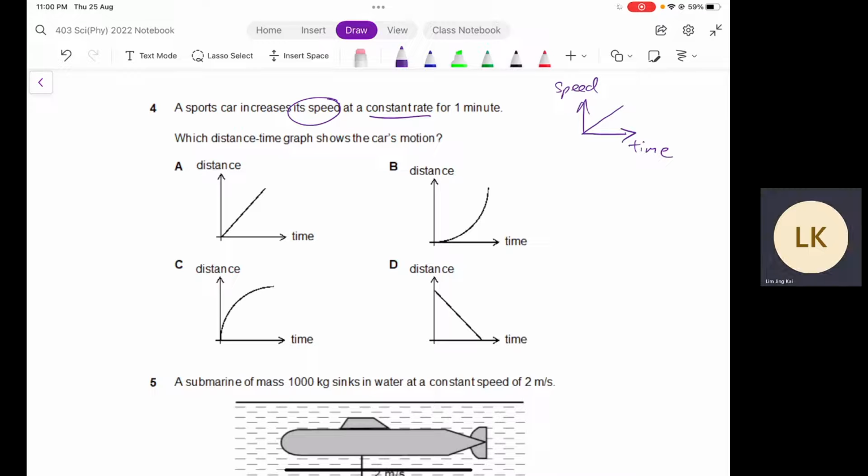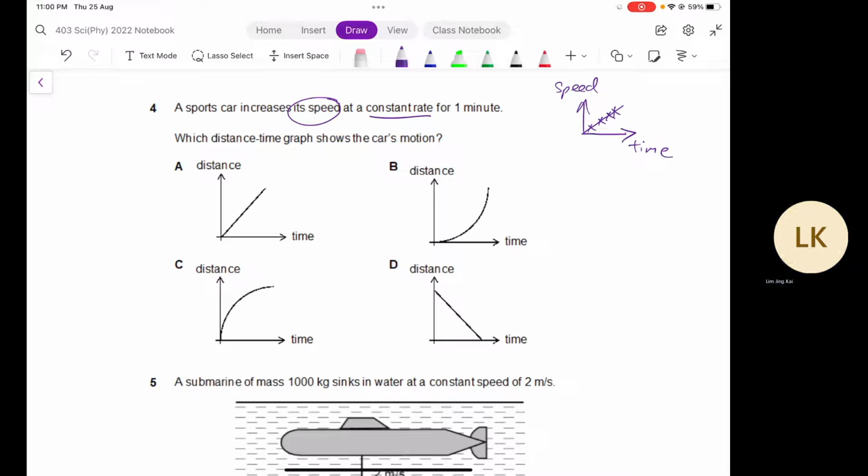But if we convert this into the distance-time graph, then we need to show that the gradient of the distance-time graph actually changes, because you can see that for the increase in time, the speed actually increases.